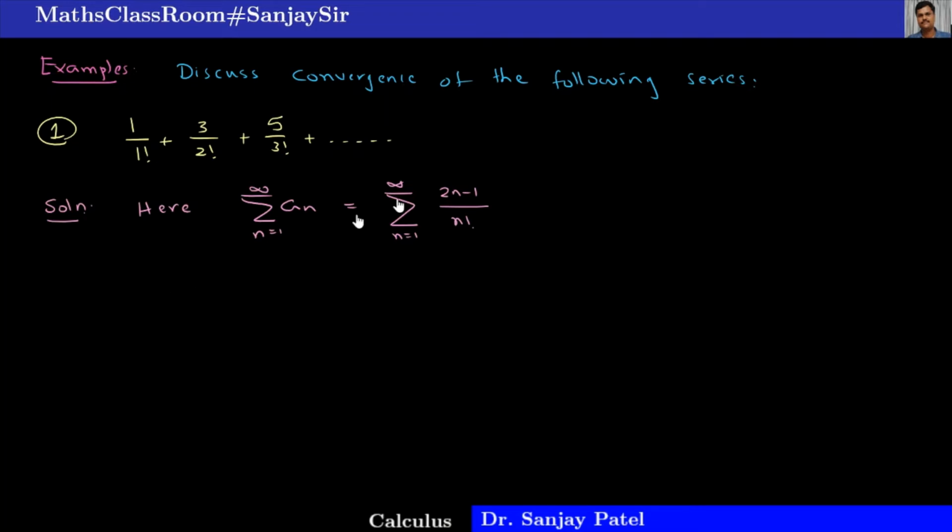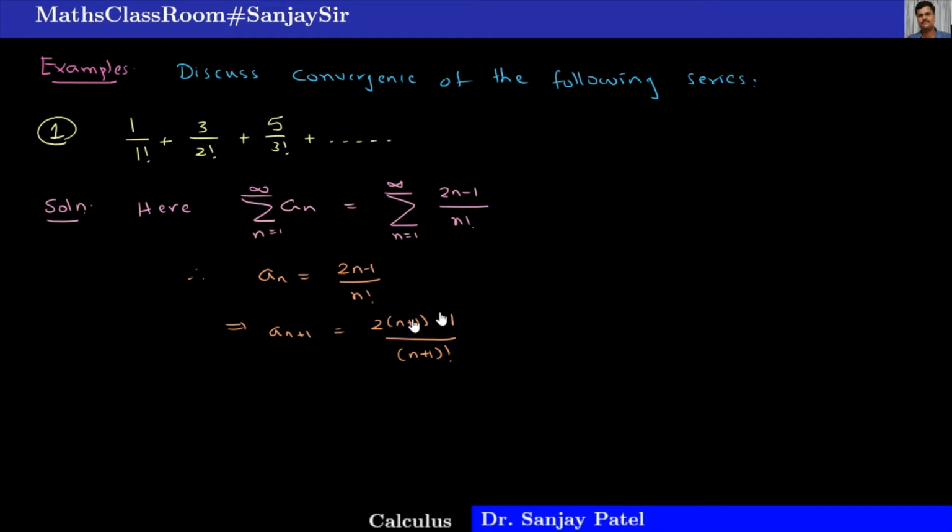Thus we have an equal to 2n minus 1 upon n factorial, and therefore an plus 1 is obtained by replacing n by n plus 1 everywhere in this expression: 2 into n plus 1 minus 1 upon n plus 1 factorial.